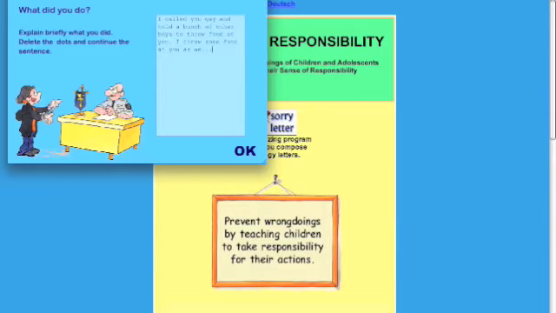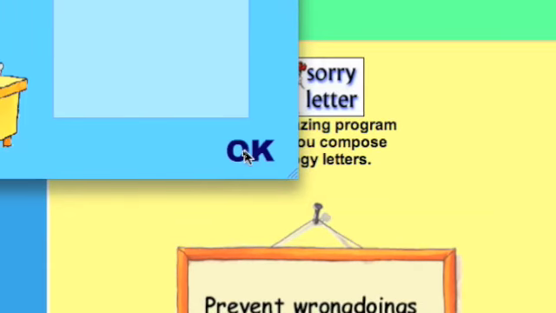Generally speaking, at this stage, I tend to find that students are more likely to be honest about what they've done, because the point of this process isn't to punish them as much as it is to assist them to do the right thing. Each time we finish with a particular frame, we press the OK button.